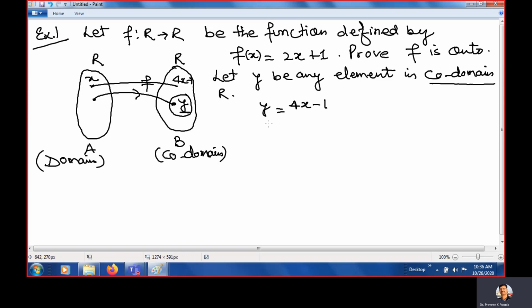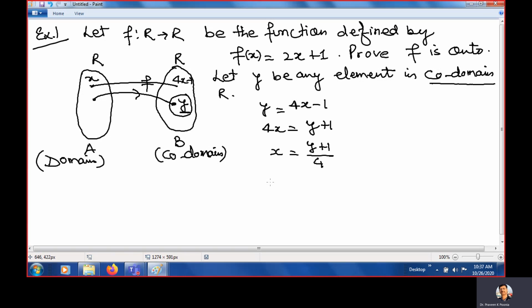Try to find out the value of x. Clear? 4x equals, shift this, y plus 1, and divide by 4. It will be y plus 1 upon 4.